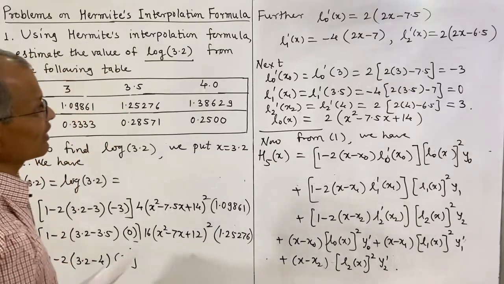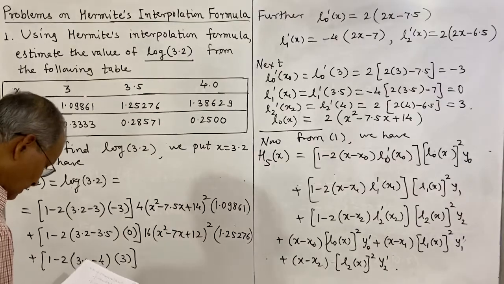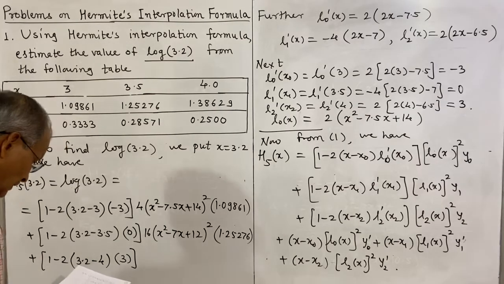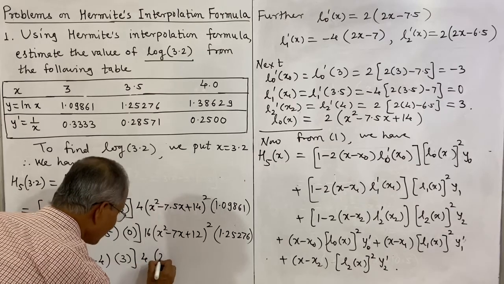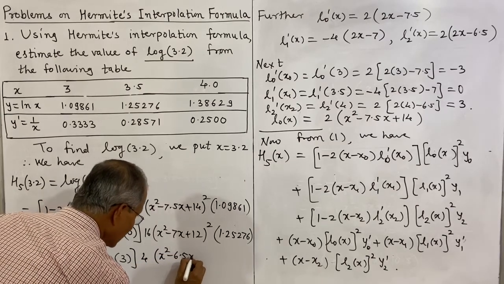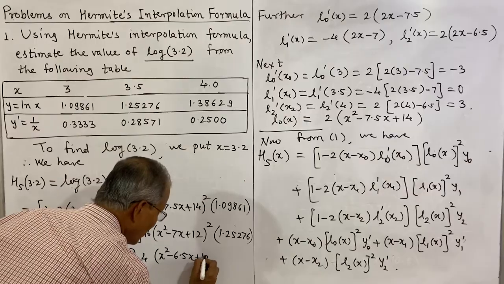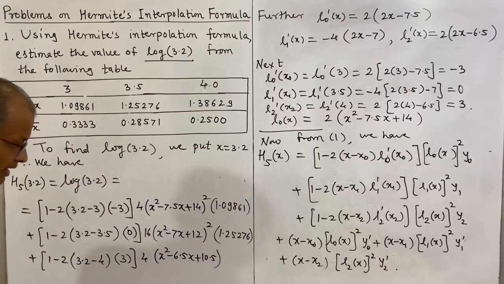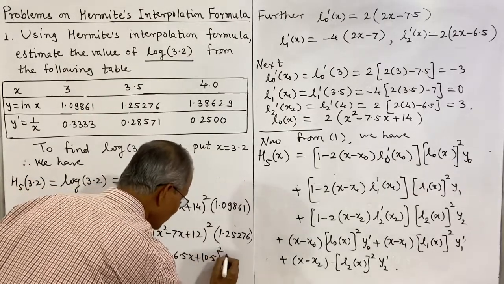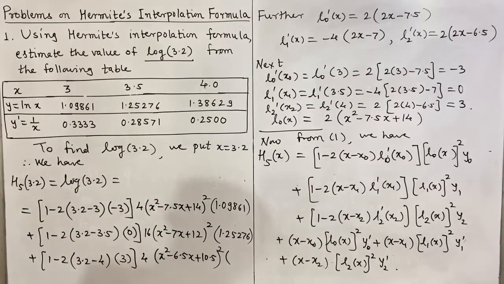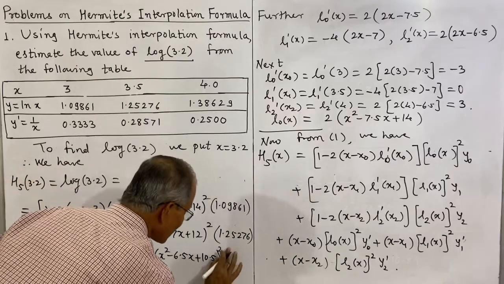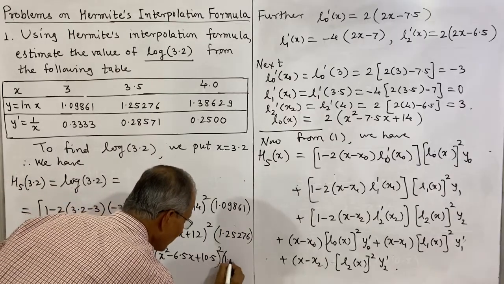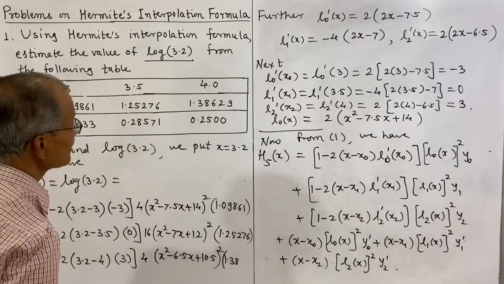L2(x) we have already written, and its square is 4 into (x square minus 6.5x plus 10.5). This value we have obtained earlier, its whole square is to be written, and y2. So what is y2? It is this value, 1.38629.